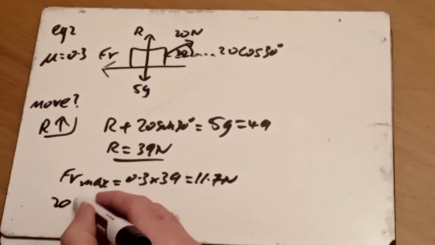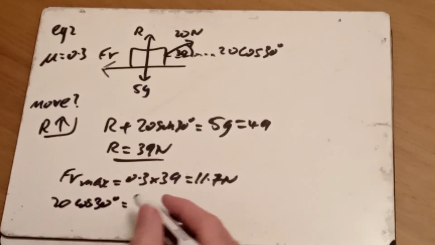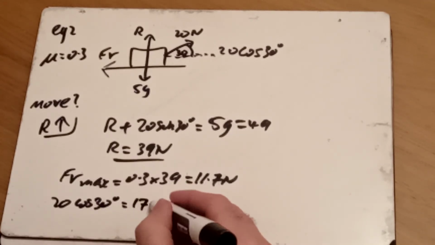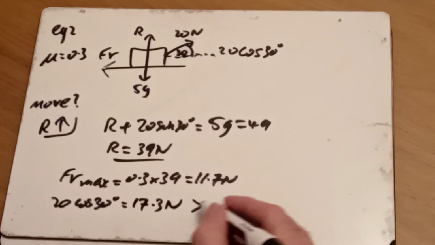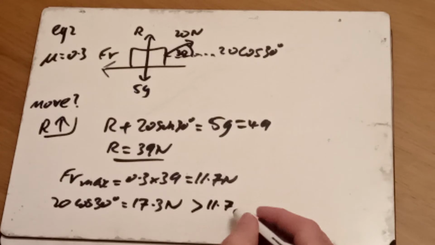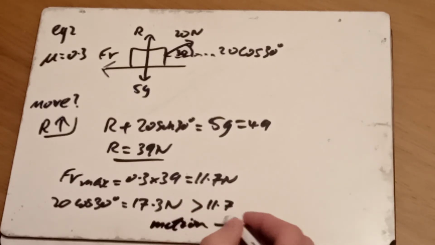Whereas 20 cos 30 is 20 lots of root 3 over 2, 10 lots of root 3, 17.3 newtons. And since that is bigger than 11.7, then we have motion going that way. We have a resultant horizontal force, so it's in motion. The biggest friction can be is 11.7. This horizontal force is bigger than that, so we're moving.